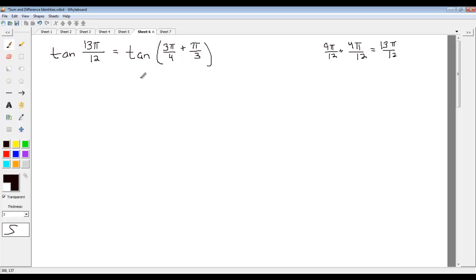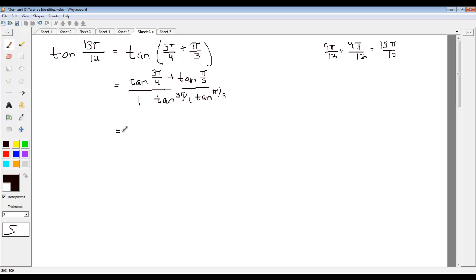Alright, good. And those are on my unit circle. So then I could say, using my identity, tan of 3 pi over 4 plus tan of pi over 3, and the whole thing over 1 minus tan of 3 pi over 4, tan of pi over 3.